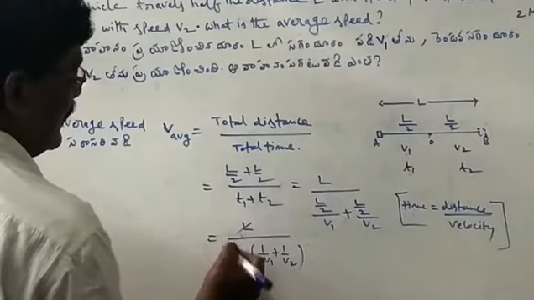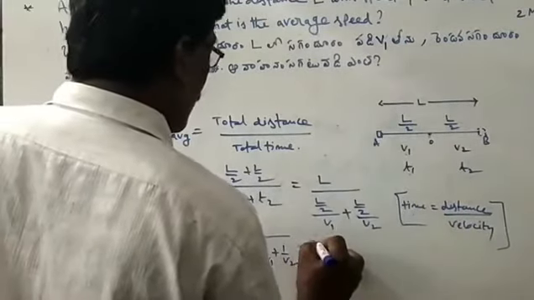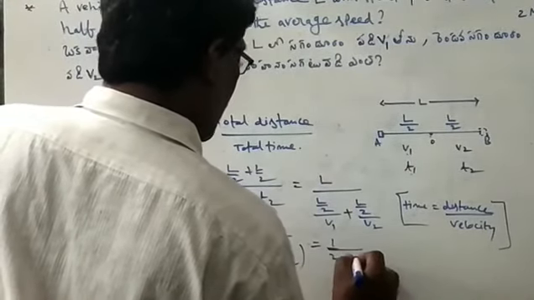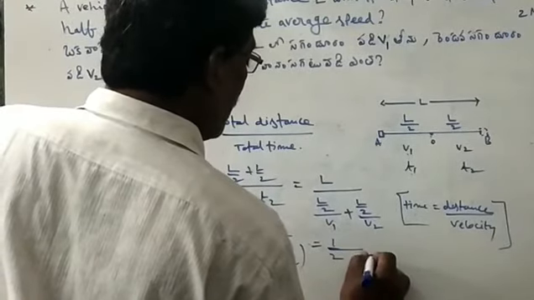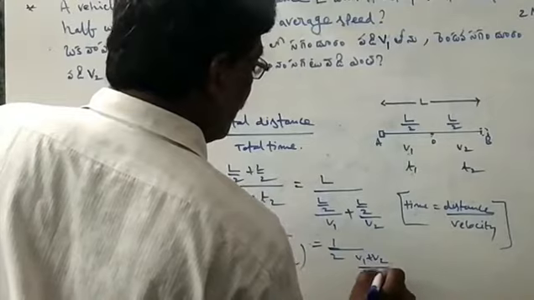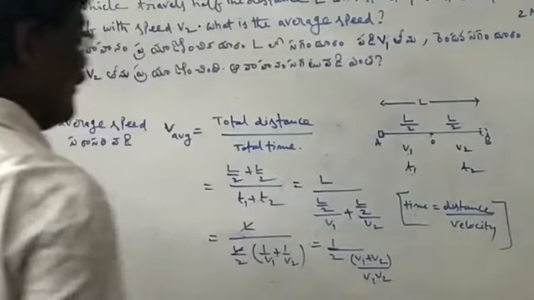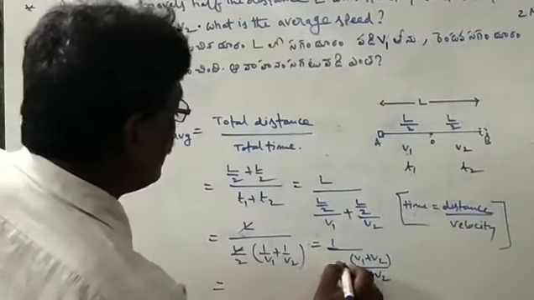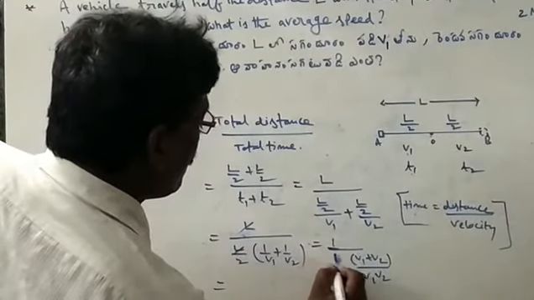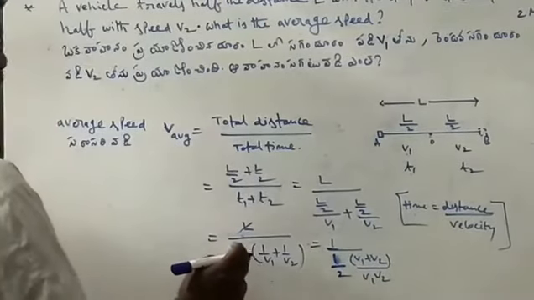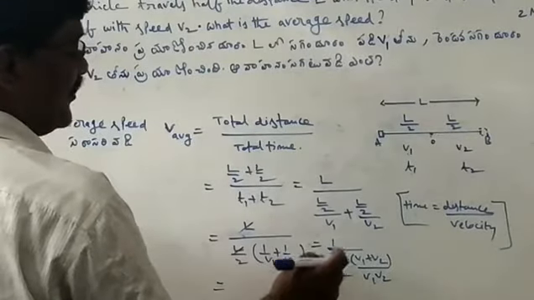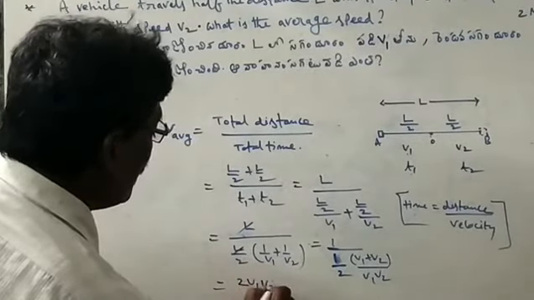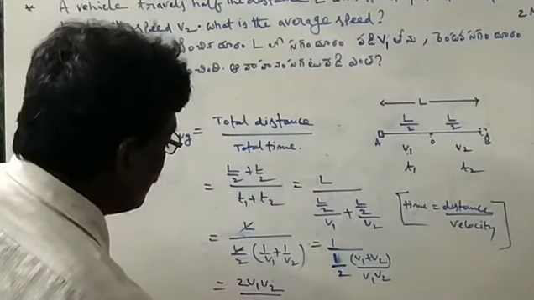Here L cancels. That equals 1 by 2 into 1 by v1 plus 1 by v2. LCM, v1 plus v2 by v1 v2. That means 2 v1 v2 by v1 plus v2.